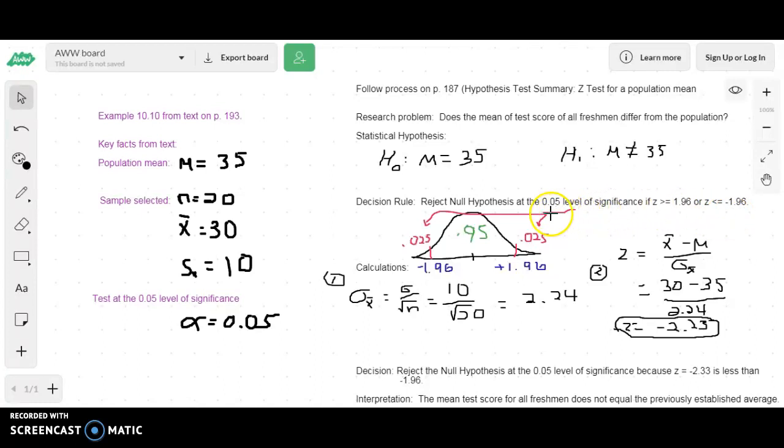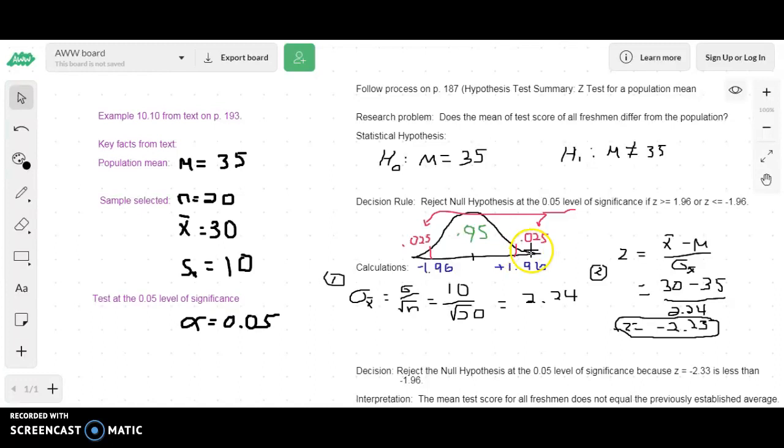If our level of significance is 0.05, we need to find the location on the normal curve such that the rare event happens. Let me back up a little bit there.